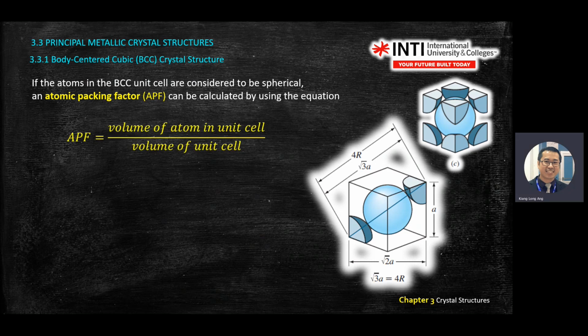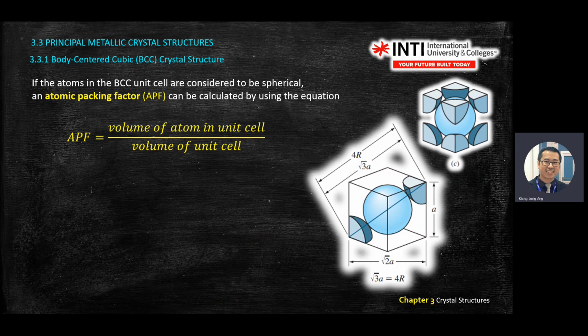You calculate it by this formula: the volume of atoms in the unit cell divided by the volume of the unit cell. By this definition, the third important formula: APF equals volume of atoms in unit cell divided by volume of unit cell, times the number of atoms inside there.